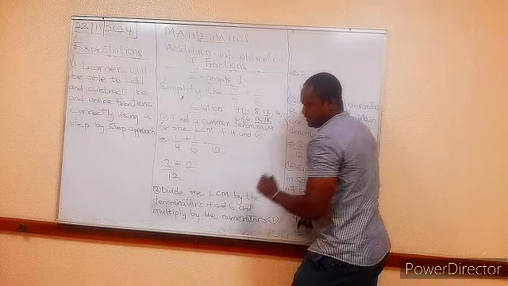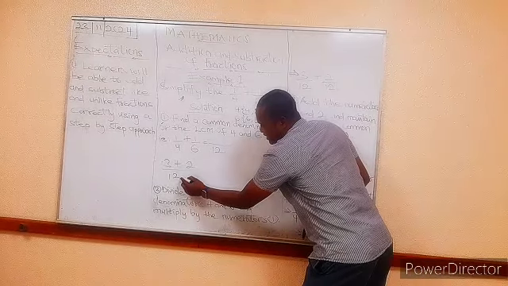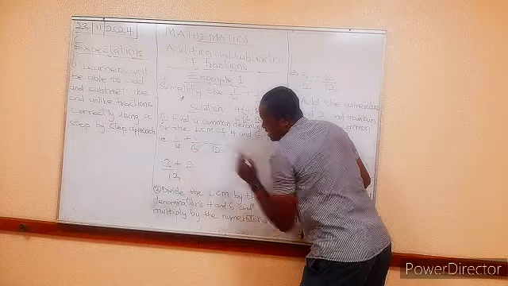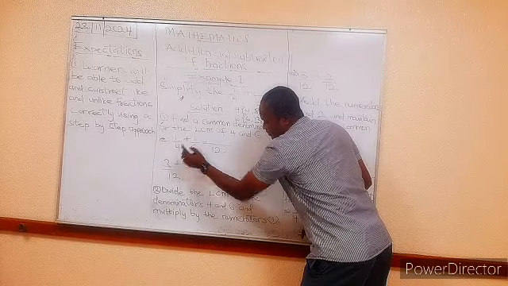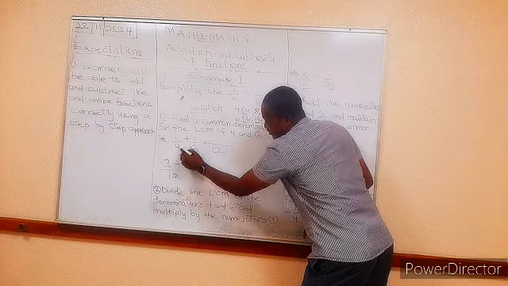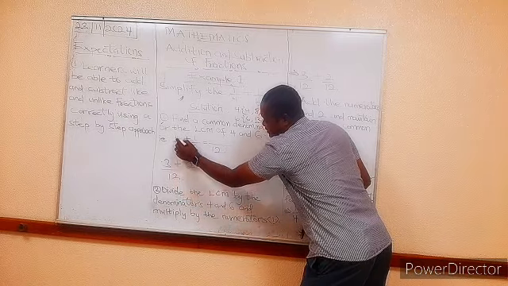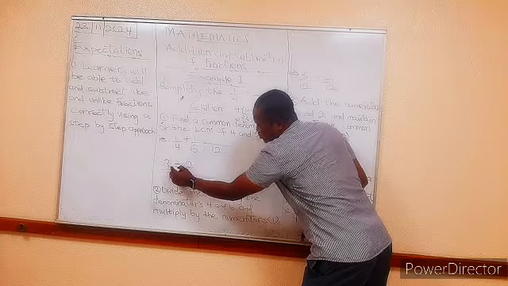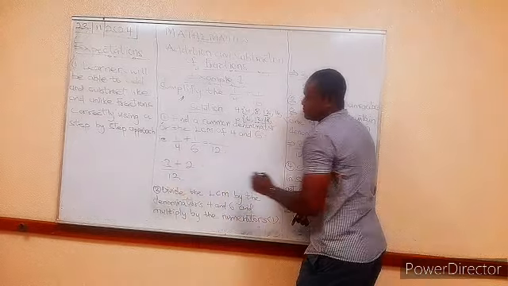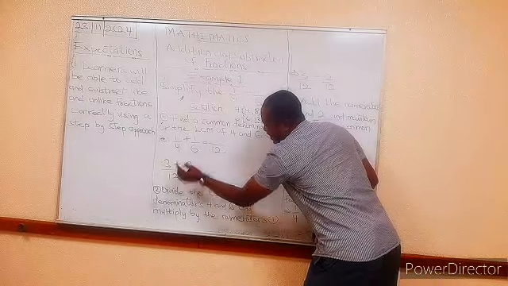Let me take that again. The next step is we are dividing the LCM by the denominators. So the first denominator here for 1/4 is 4. So 12 divided by 4 is 3. Then the 3 multiplies the 1, which is the numerator. It is still 3. So 3 is here. Then we bring the addition sign down.